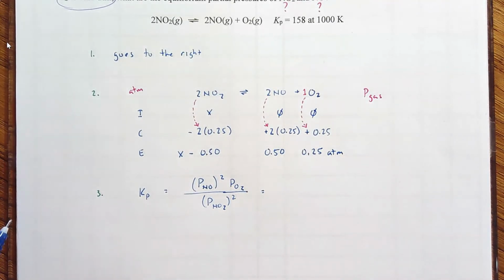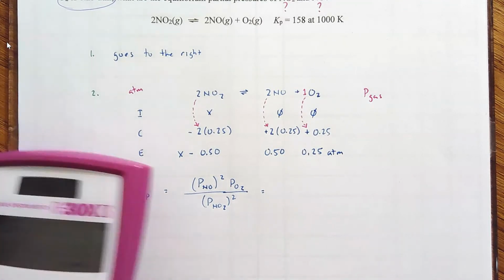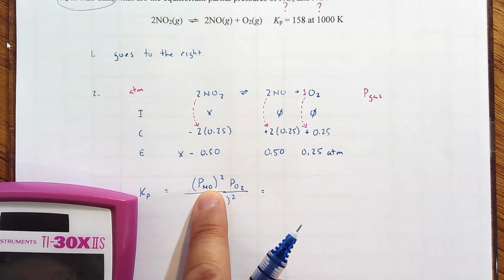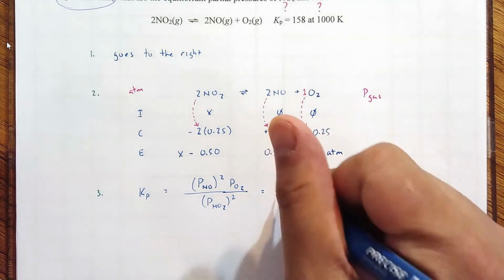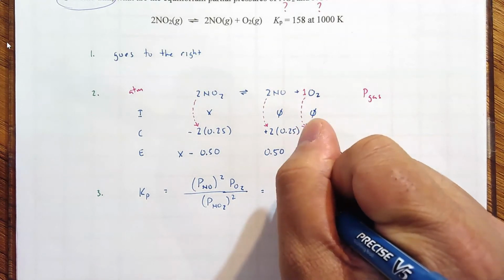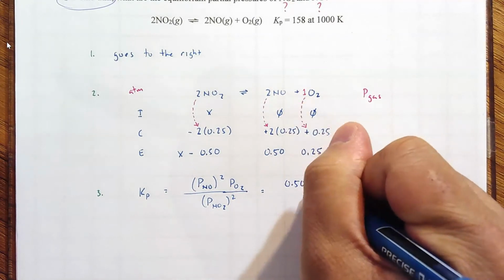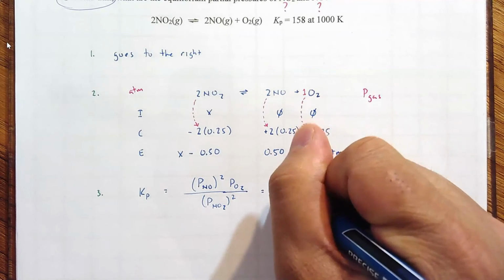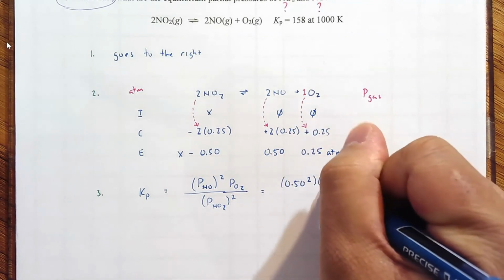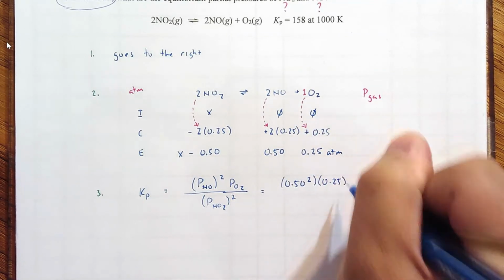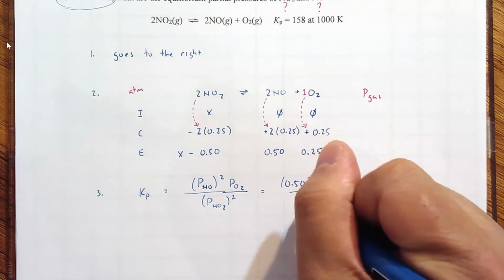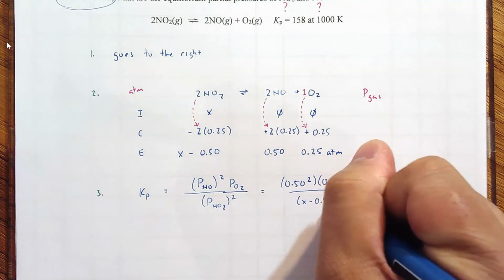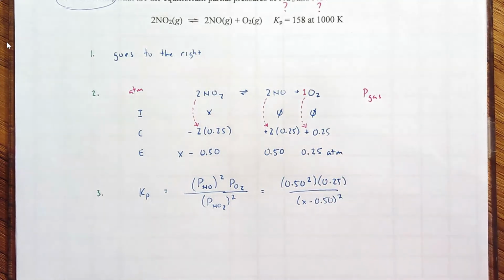NO is 0.5 squared. I'm just plugging it in here. Should I write it out? Maybe I should write it out. 0.50 squared times 0.25 divided by x minus 0.50 squared.